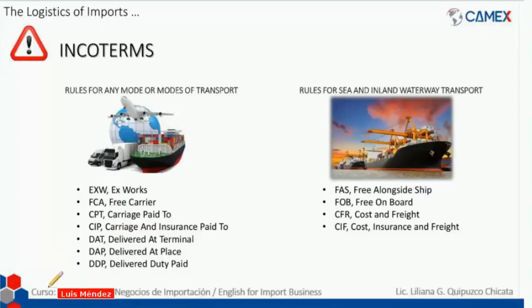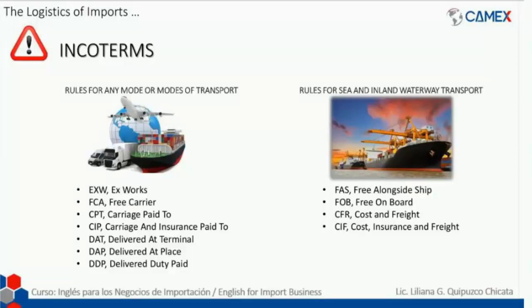We have DAT, that stands for delivered at terminal. We have the DAP, that is delivered at place. We have the DDP, that is delivered duty paid. Those are for any mode or modes of transport.